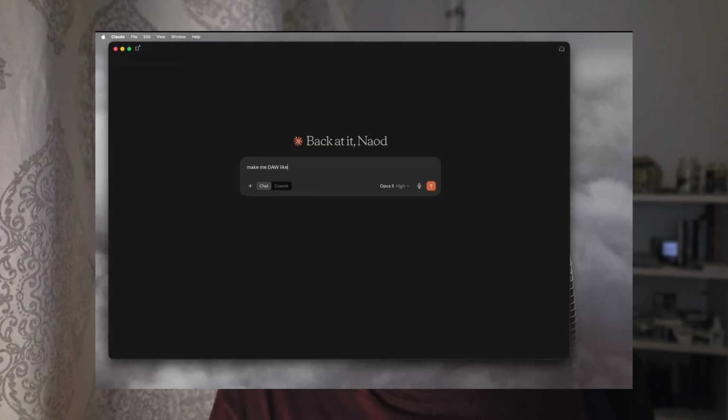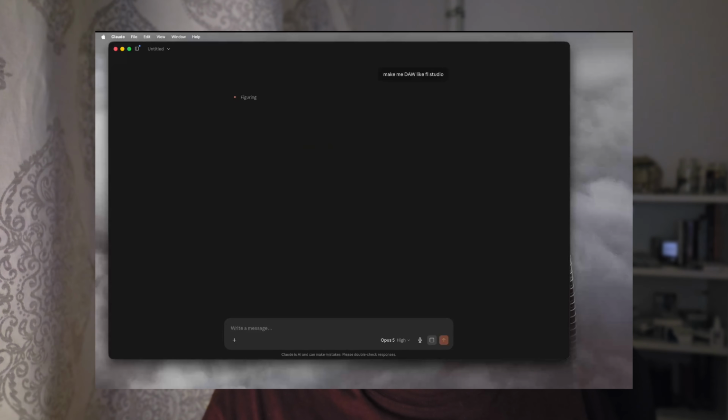Even though you could get close to replicating some aspects of these DAWs, it will be really hard to have a perfect replica of the DAW which currently exists. So I think it's quite interesting how and where LLMs will get in this aspect, but I think it's possible to replicate some of the parts.